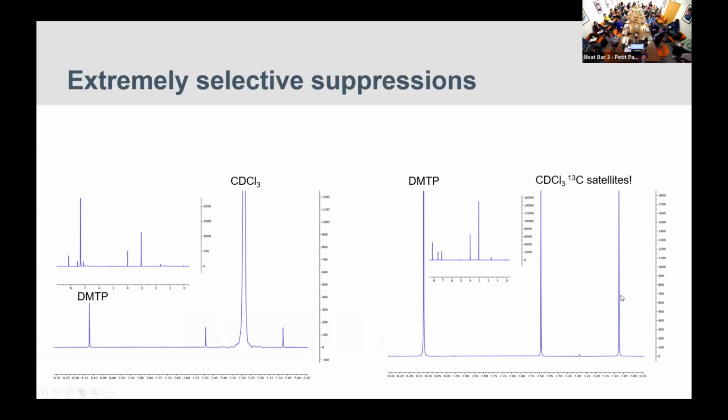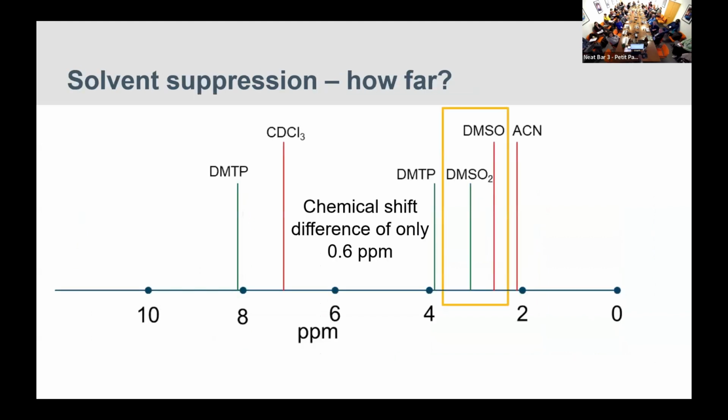So you can see that actually these are the chloroform carbon-13 satellites, and while the main signal is completely gone. And it's very selective because you can actually suppress that signal without even affecting the satellites. So it's beautiful, but it has a problem.